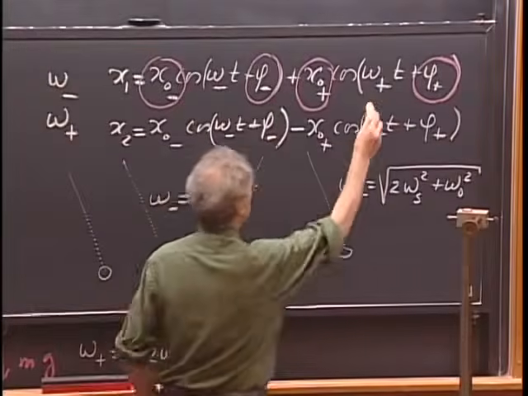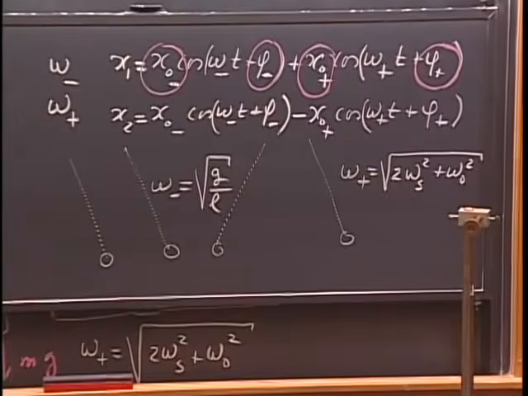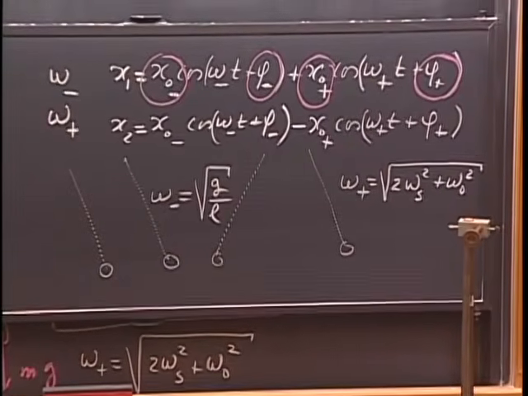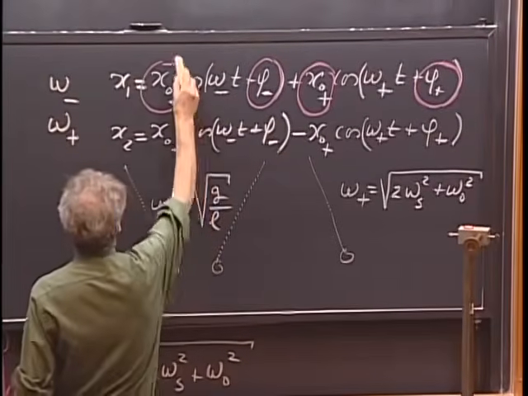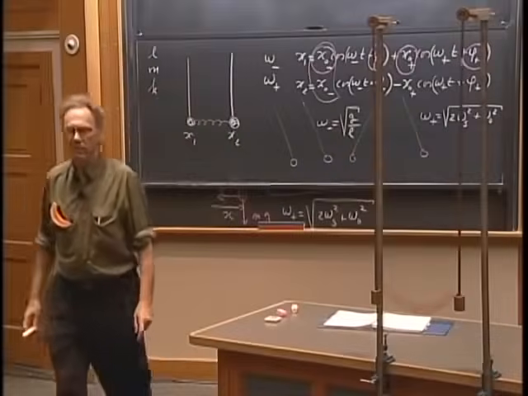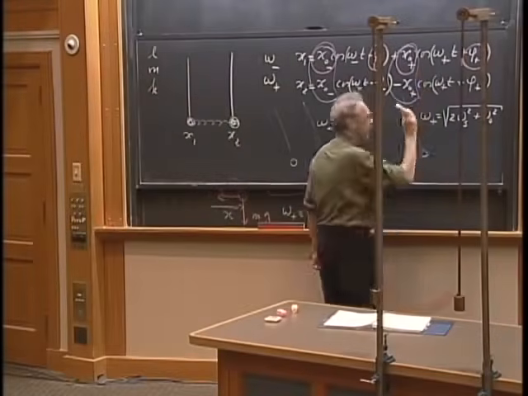Independent of the initial conditions is omega plus, that's this one. Independent of the initial conditions is this ratio, which is +1. And independent of the initial conditions is this ratio, that is -1.